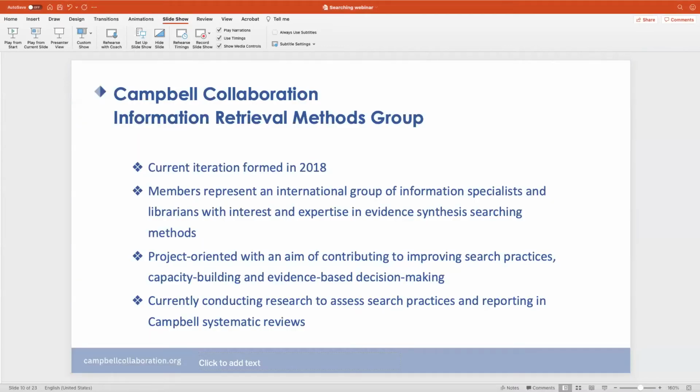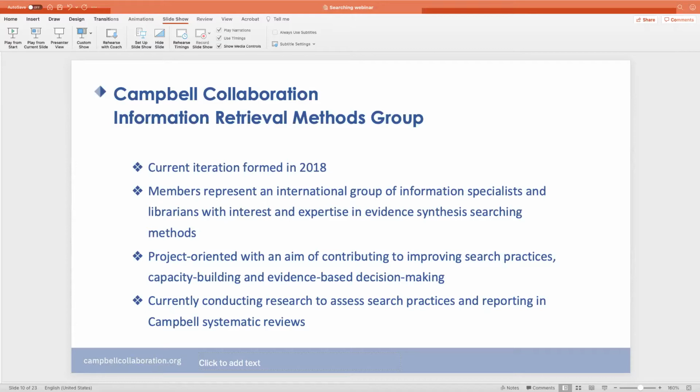Okay. So for a little background on the Campbell Information Retrieval Methods Group, the current form of the group was assembled first in 2018, and membership has since then grown to around 50 members or so of information specialists, librarians, really from around the world, with interest and expertise in evidence synthesis searching methods, and many of us with a focus working in the social sciences.